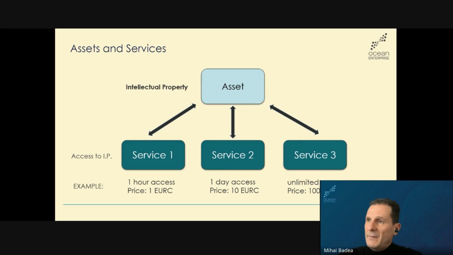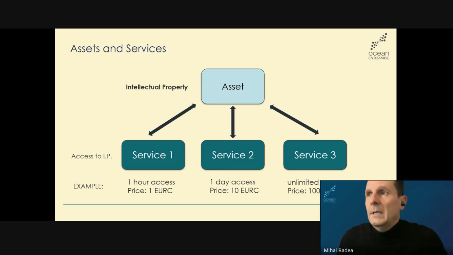Here we have three services. Each service represents basically the same asset, but the first service will allow the user access to the asset for 1 hour, and it has a price of €1. Second one will allow access for 1 day, and it's priced differently, €10. And the last one will allow you unlimited access, so you are not limited in time how to access the asset, with a different price.